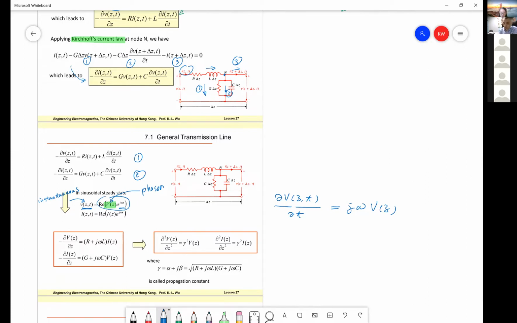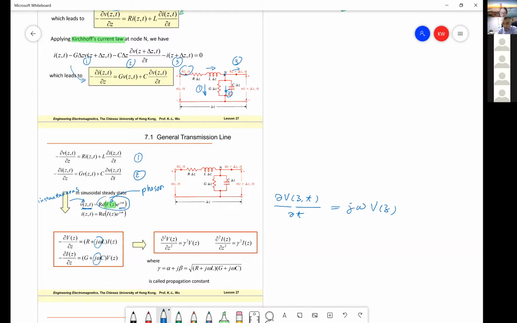Right, so the time derivative is replaced by j omega. All the other things will remain the same, but we eliminate one variable. Okay, now we have another time instant, right?